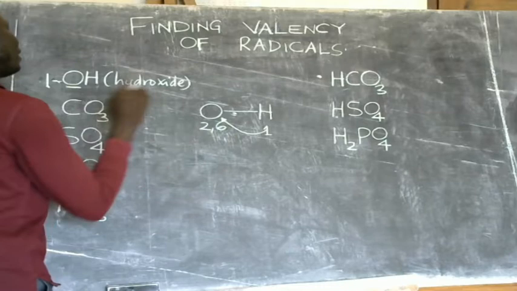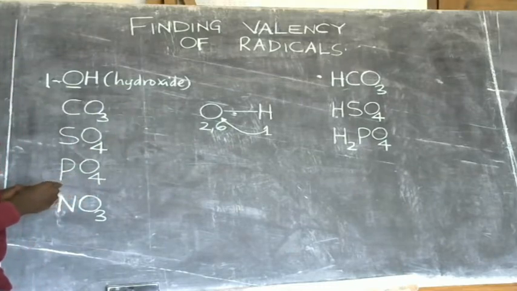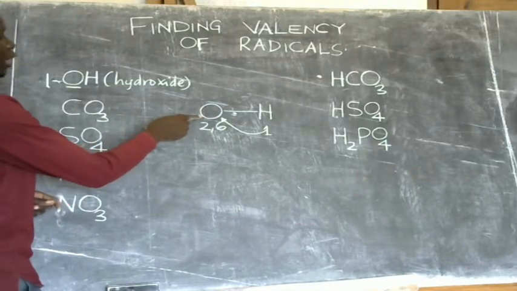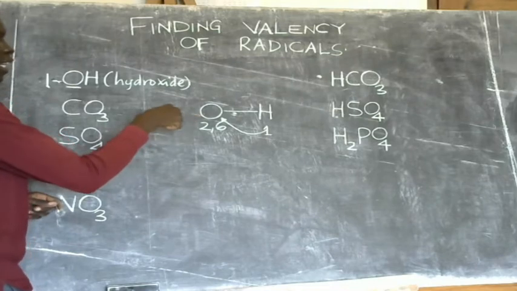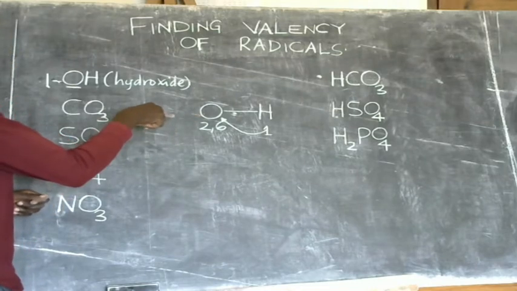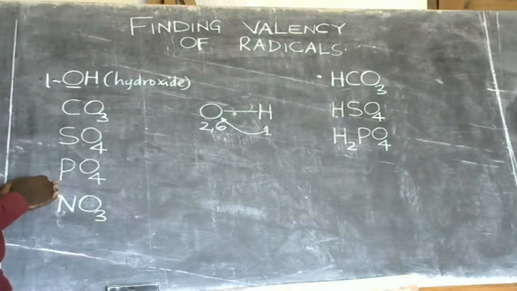Therefore, there is a balance of 1 electron missing for this oxygen atom to be stable. And that 1 electron missing implies that, since the oxygen is gaining, the charge is negative.